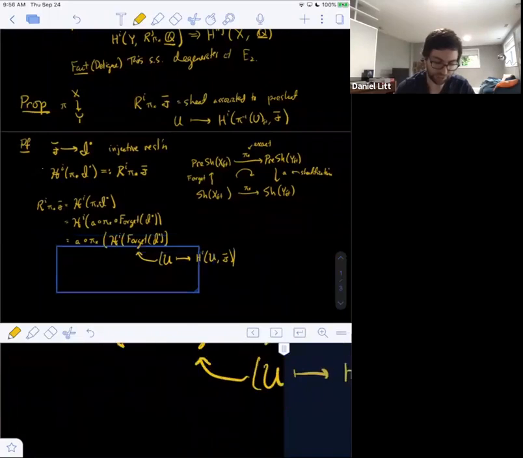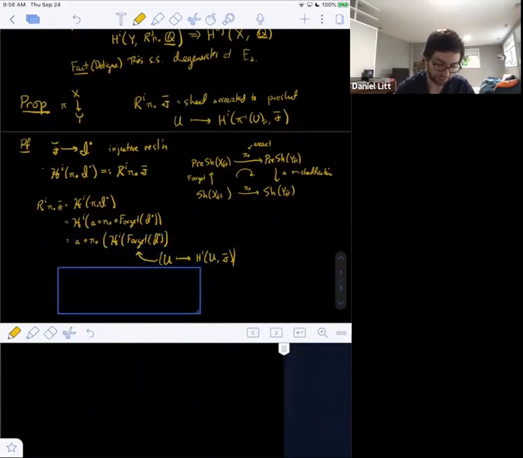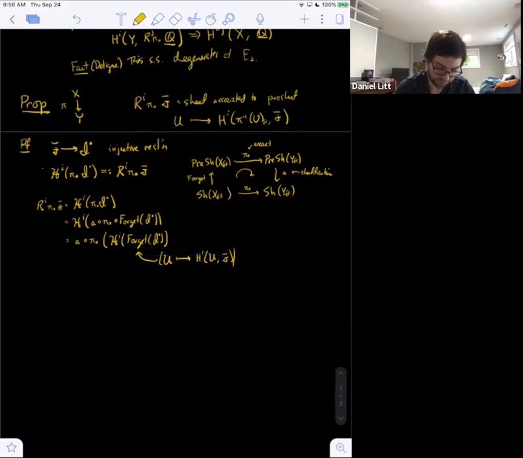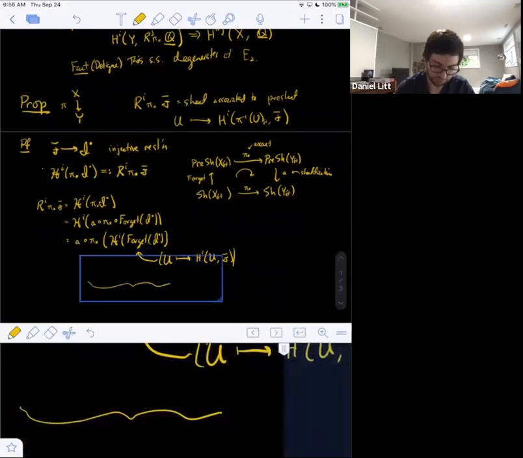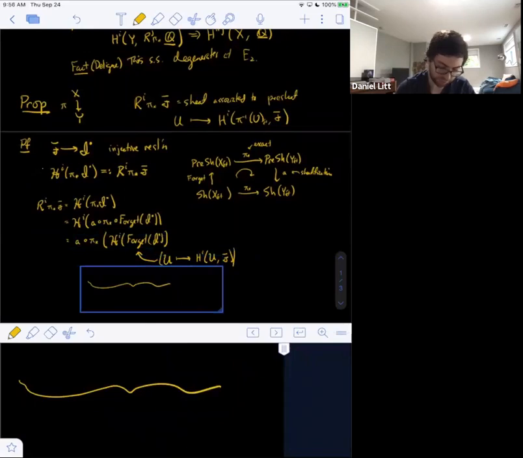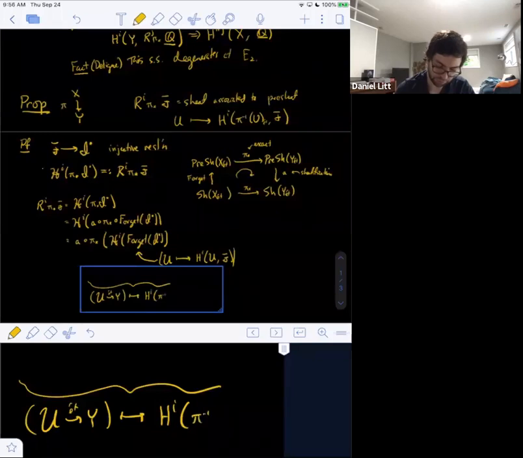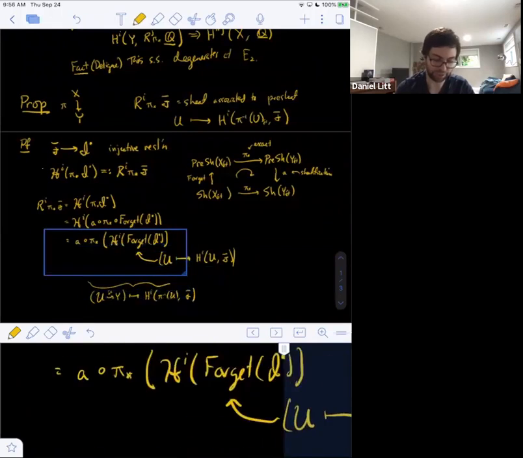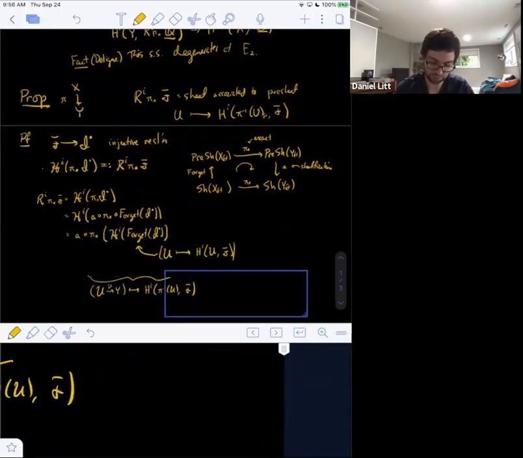Let's evaluate this on an open of Y. This functor, the push forward, sends an étale open U to Y to the cohomology of π inverse of U with coefficients in F. And now we're sheafifying that. So that's exactly what we wanted to prove. Are there any questions about that?